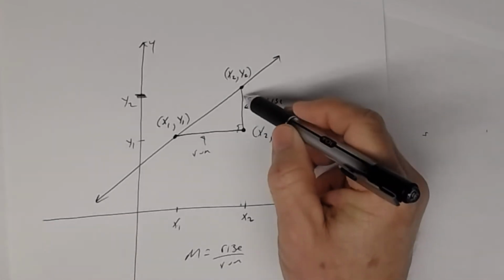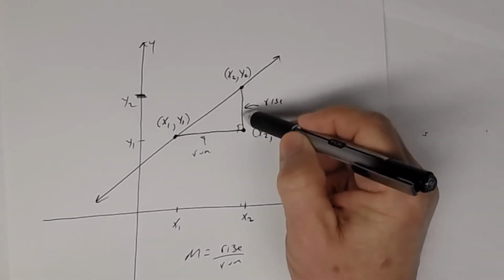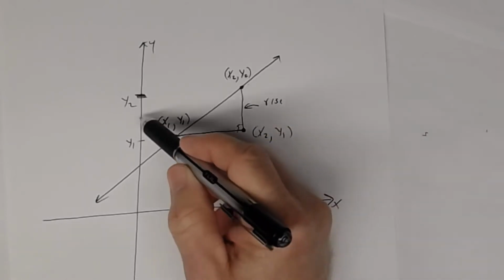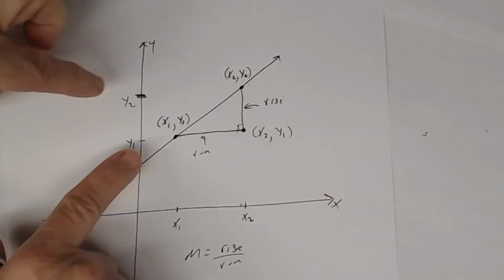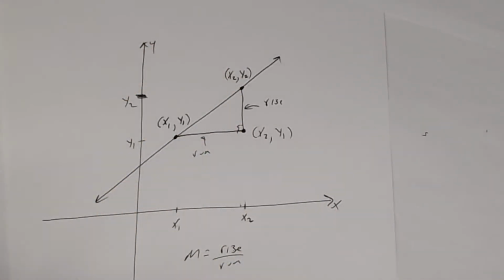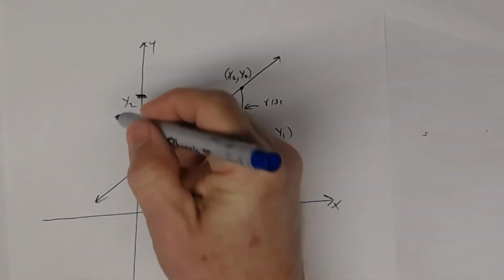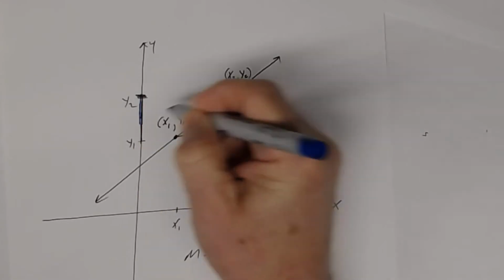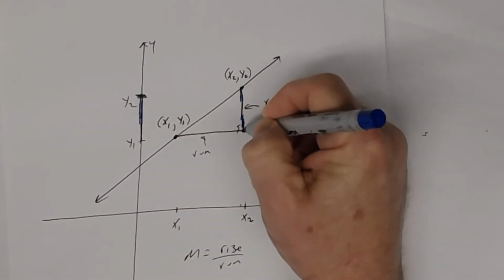So now let's look at the rise. Remember, if I'm going to find this vertical distance right here, I'm going to subtract the y coordinates. This vertical distance corresponds to this vertical distance. See that right here? So let me show you. This vertical distance corresponds to this vertical distance, so they're the same length.